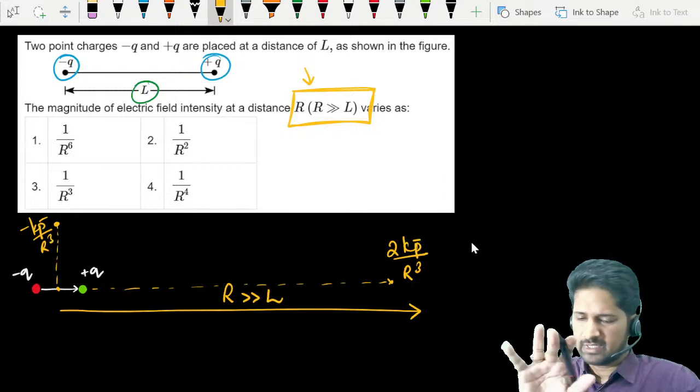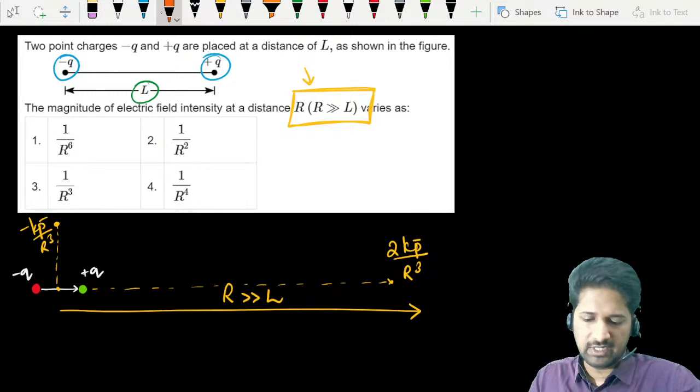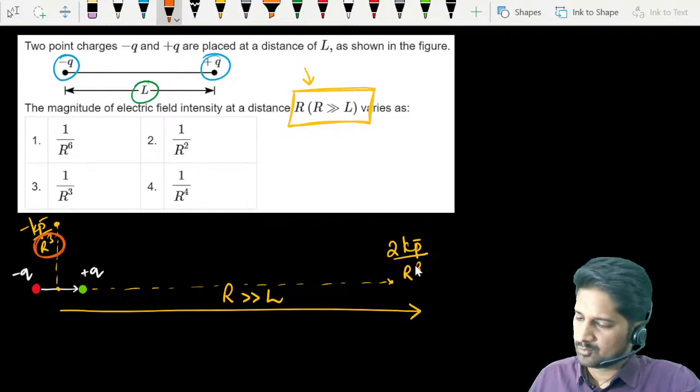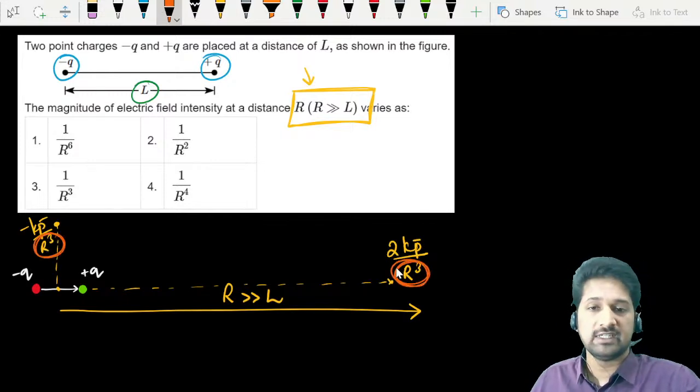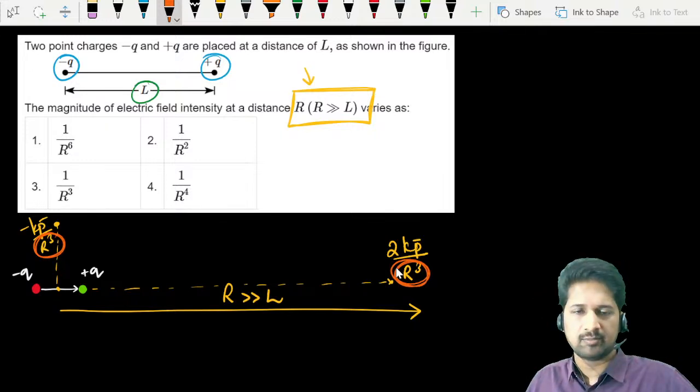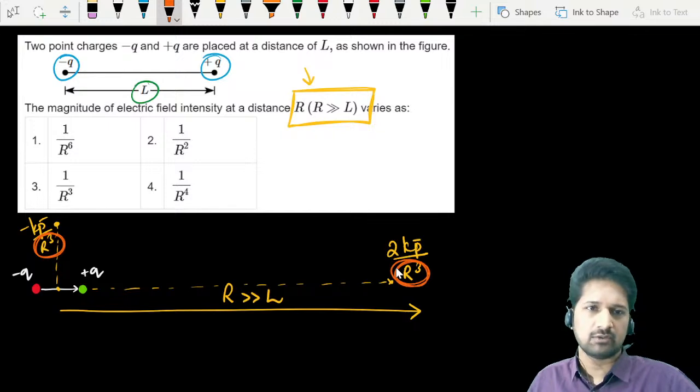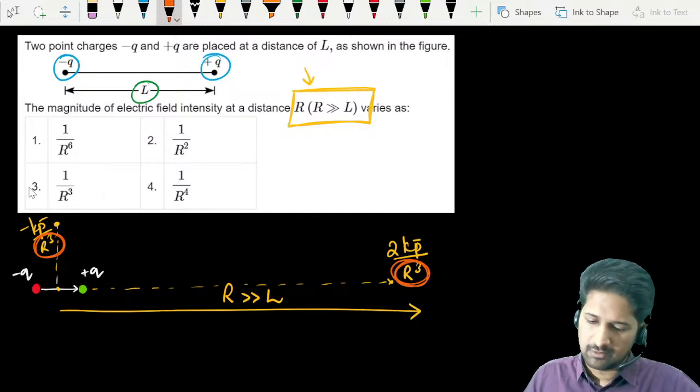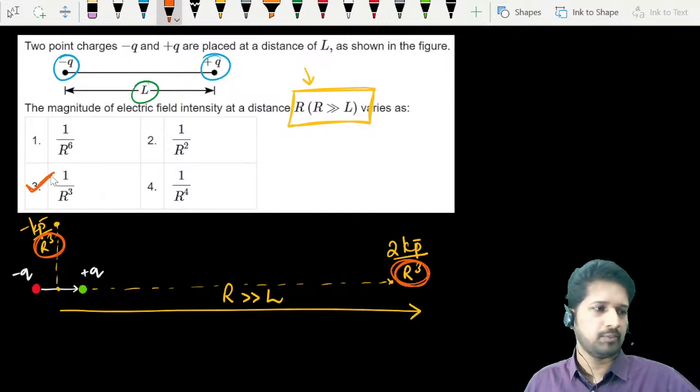But wherever you try to find the electric field, it will be inversely proportional to the cube of the distance if the distance is very large compared to the size of the dipole. And in this question they have given the same condition, that the distance is very large compared to the length of the dipole. Therefore it will be inversely proportional to r cube.